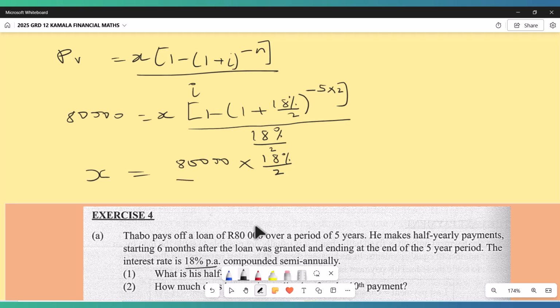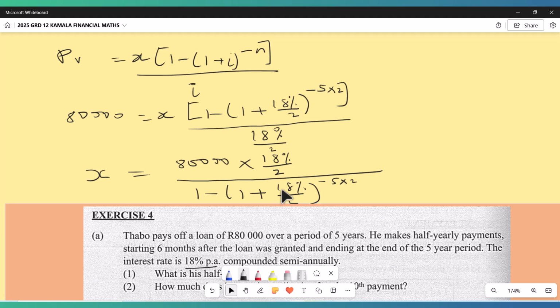Then I divide by this part on the numerator, leaving the x. So I divide by 1 minus (1 plus 18% divided by 2) to the power negative 5 times 2. Let us now get our answer together here.